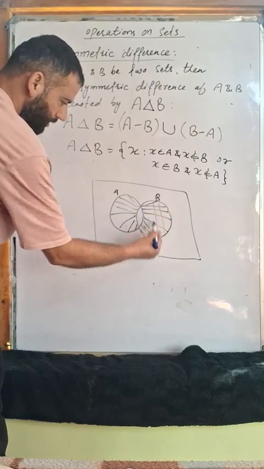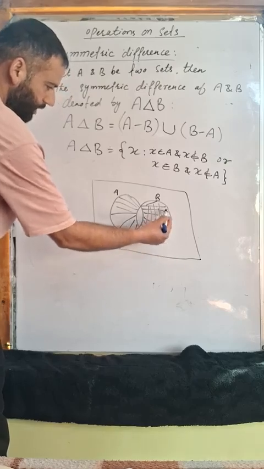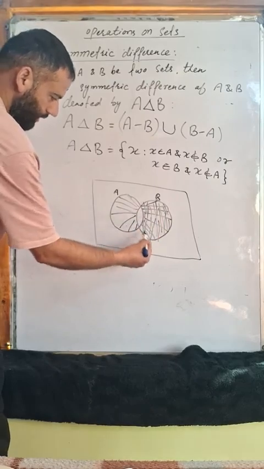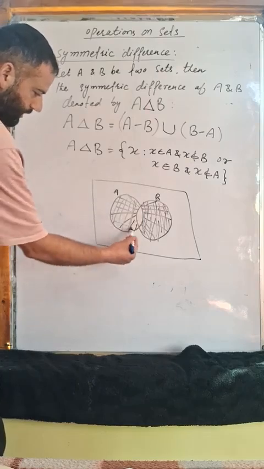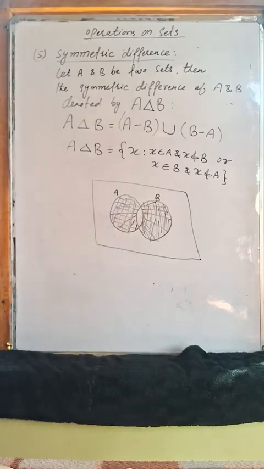It means we have to write all the elements of A and B without the common elements. So the symmetric difference of two sets is the collection of all those elements of A and B without their common points.